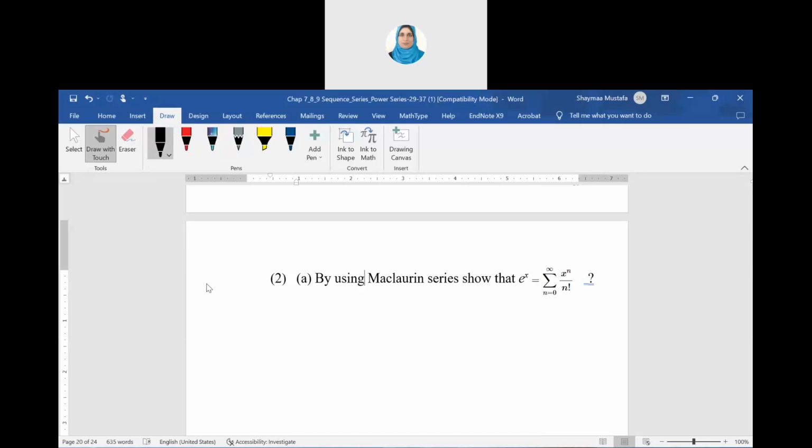So we will apply the same steps again. Maclaurin series means x equal to 0. So this is your function, f of x is equal to e to the power x. At 0, f of 0 is e to the power 0, which is equal to 1.